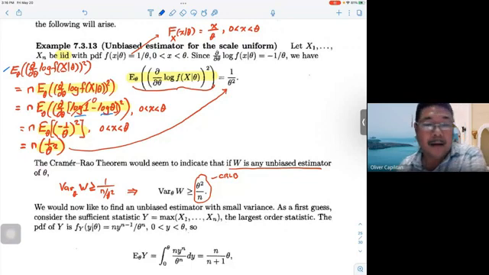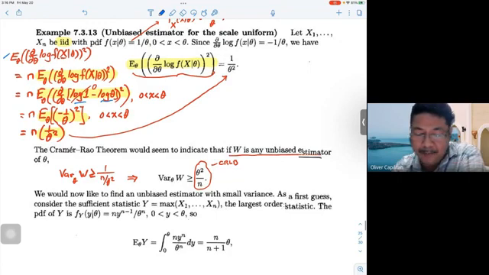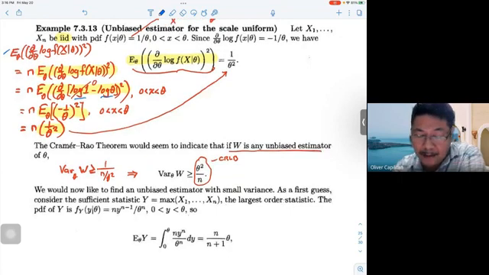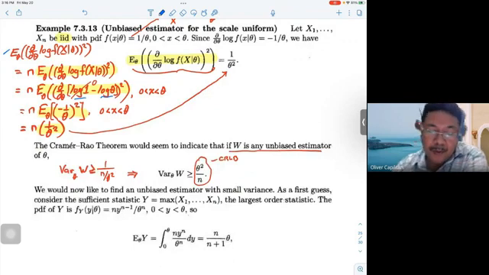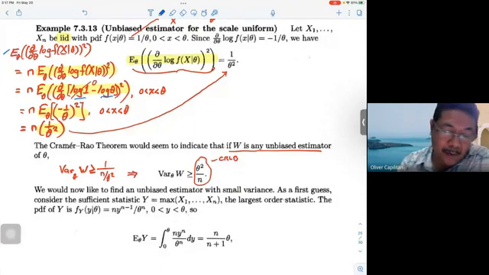Okay, so the Cramér-Rao theorem would seem to indicate that if W is any unbiased estimator of theta, so if we have that condition, then the variance of W will be greater than or equal to... Take note, if W is an unbiased estimator, then the numerator in our Cramér-Rao lower bound is equal to 1, divided by our denominator.